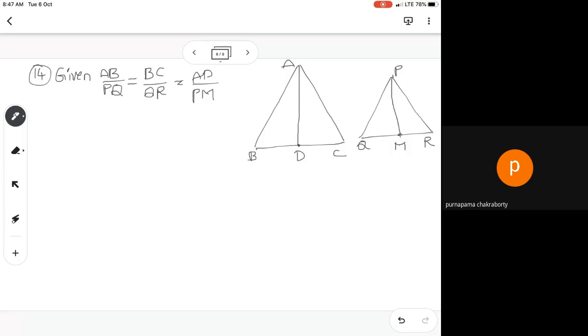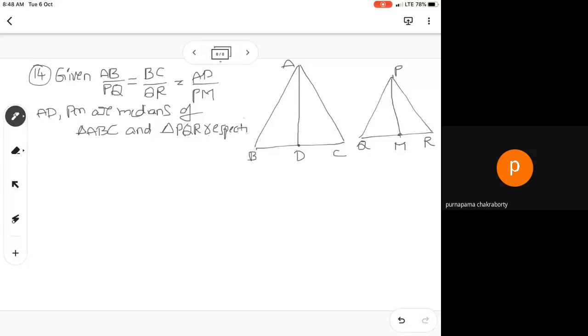So D is the midpoint, AD is the median. AD, PM are medians of triangle ABC and triangle PQR respectively, because we are writing two things here.